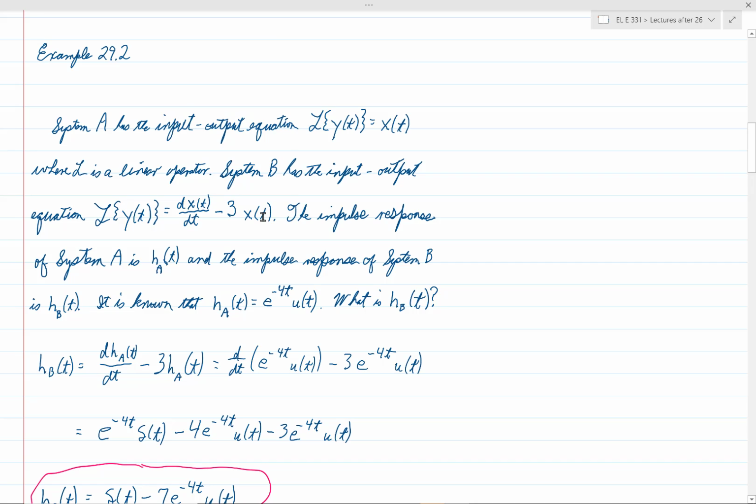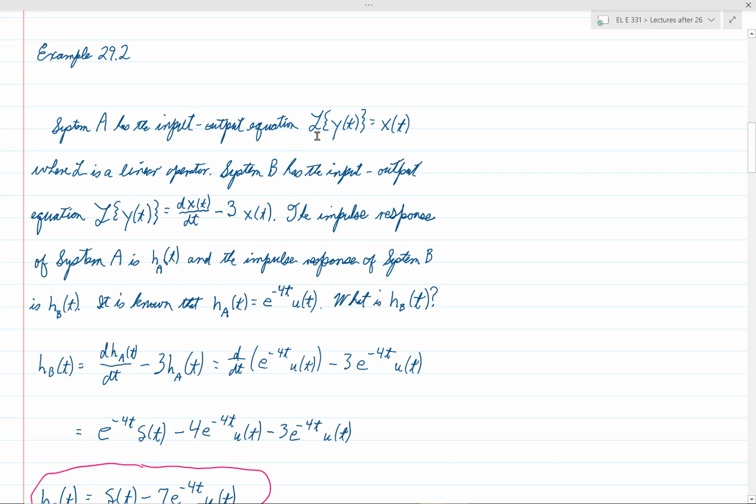And so we're told that the impulse response of system A is HA of t, and the impulse response of system B is HB of t. And then we're also told that HA of t is known to be e to the minus 4t u of t. So what is HB of t?